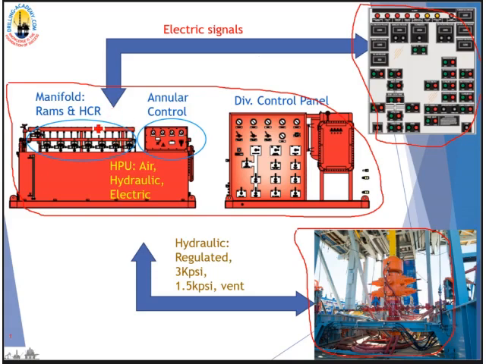And at the Koomey unit, there is air pilot, there is hydraulic pilot, and there is hydraulic power fluid and electric signal all working together with the PLC to produce the output, which is the power fluid sent to the actuator, the BOP or diverter itself, right? And the Koomey unit will also send the electric signal back to the PLC in the remote control panel for displaying flow, totalizer, pressure gauges, and the light bulbs.